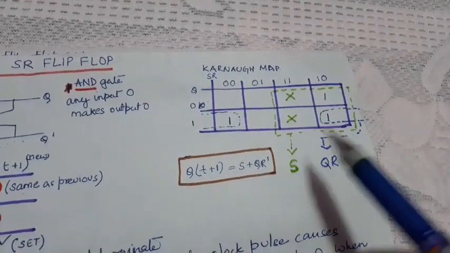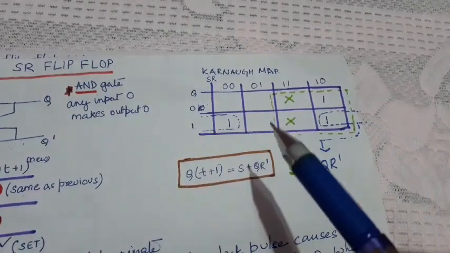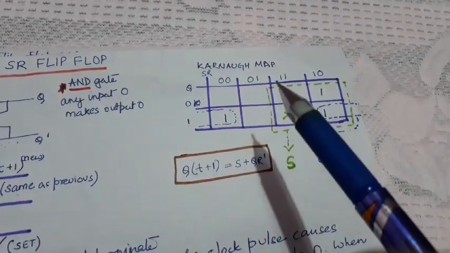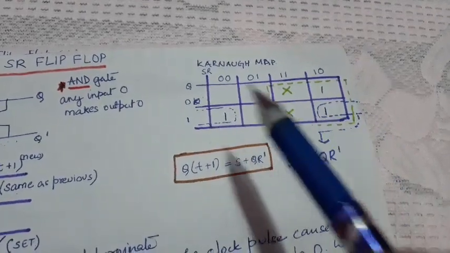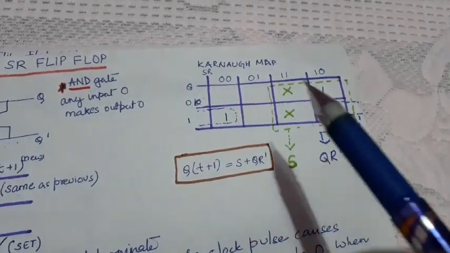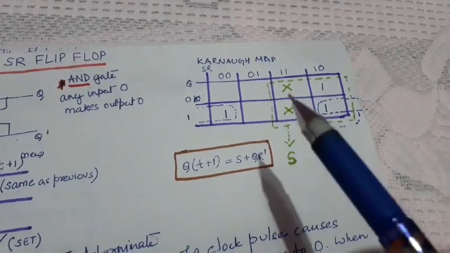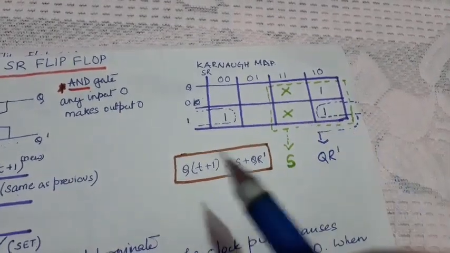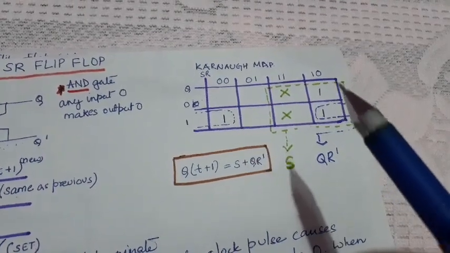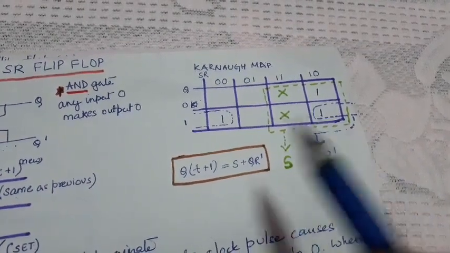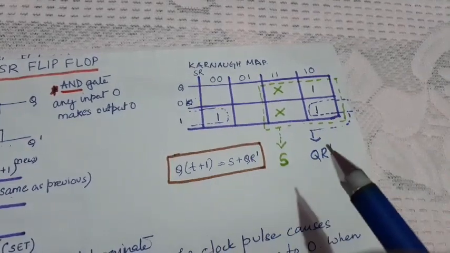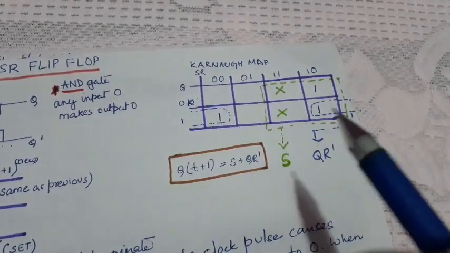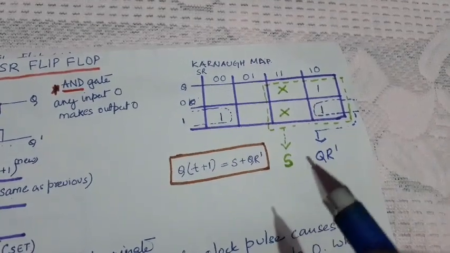Now we have to find the terms. From this green box, what is the variable that is fixed? Look carefully, the first one is fixed. That is actually your S. The variable that is fixed, we have to jot it down. So from the green, we are getting S. From this blue dot, this one and this one here, if you check carefully, both are in the second row, so Q is not changing, and R prime is also not changing.